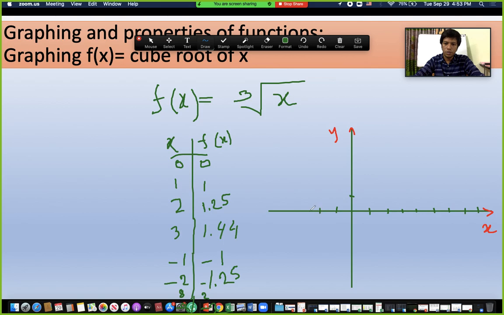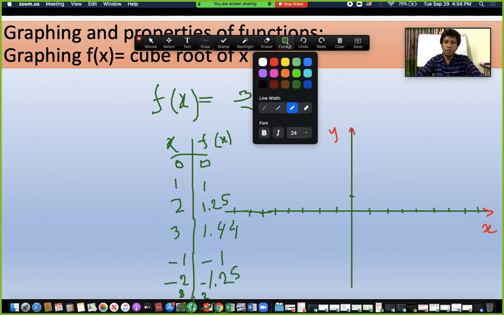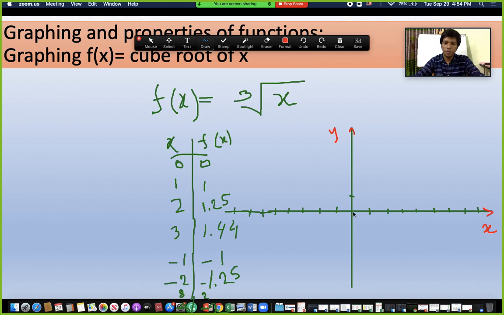So for 0 we have 0. Suppose this is 2, this is minus 1, and this is minus 2.